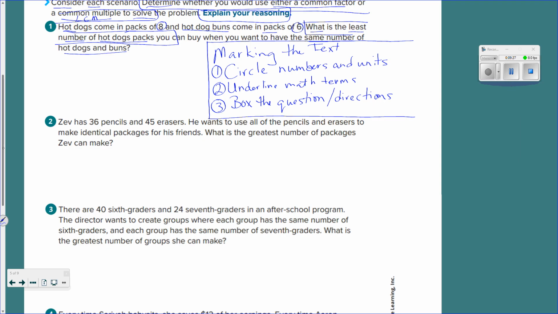Okay, guys, on this first one, the key word that they said, what is the least number of packs I could buy? Is that going to be a GCF or an LCM? I'm looking to break them down, or I'm multiplying out until I find the same number. LCM, I'm multiplying out until I find the right number.